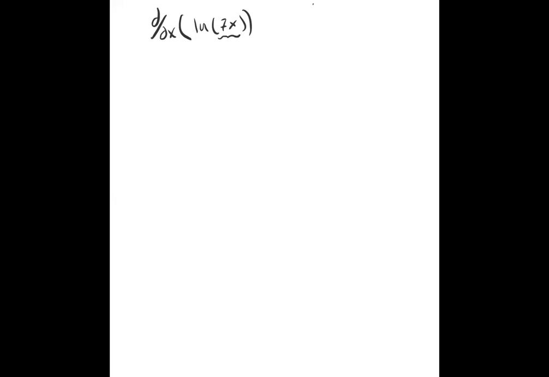So automatically, this is just 1 over 7x. And then we need to multiply by the derivative with respect to x of that argument. And d/dx of 7x is just 7. So we have 1 over 7x times 7. The 7's cancel, and we have 1 over x.